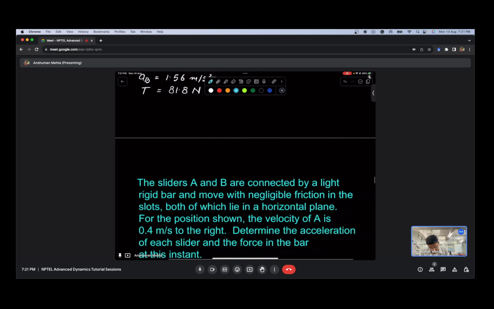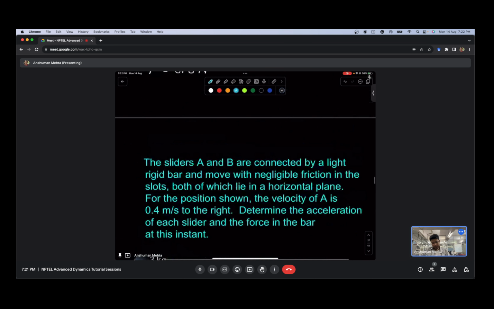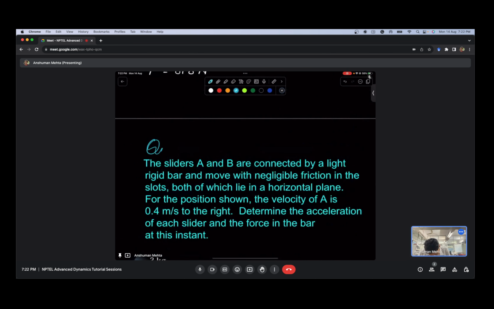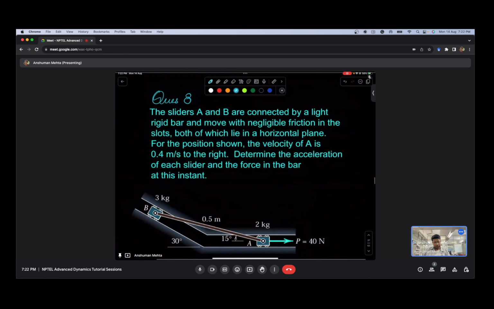Now solving for question number 8, I think. Question number 8, what does it say? So we have the sliders A and B, which are connected by a light rigid bar and move with negligible friction in the slot.